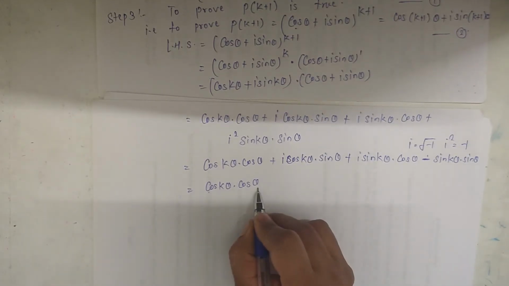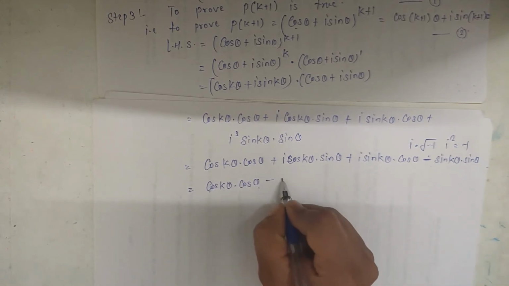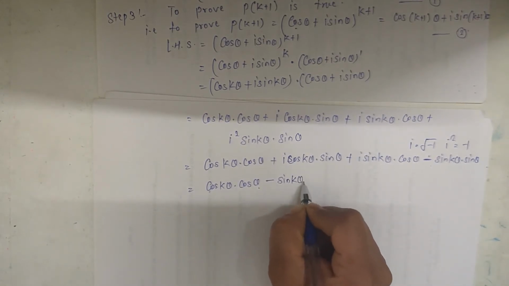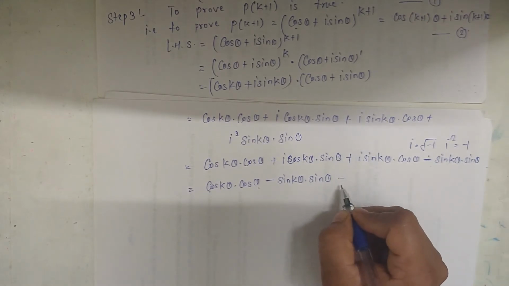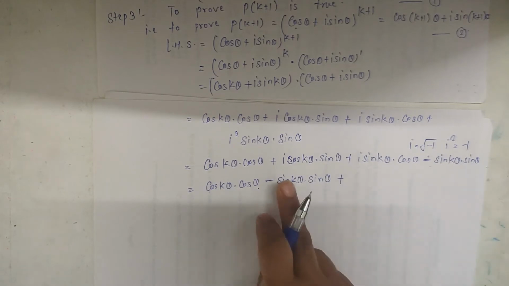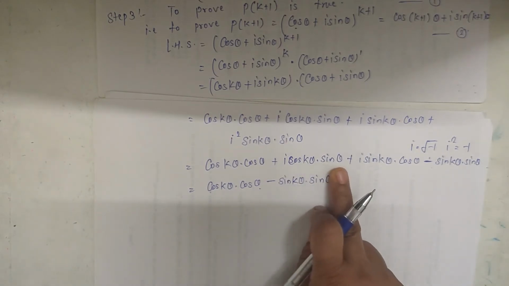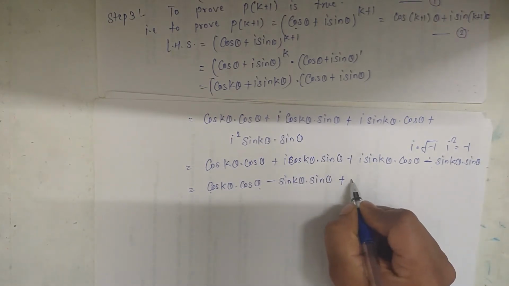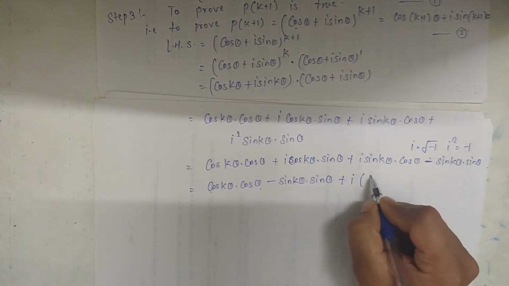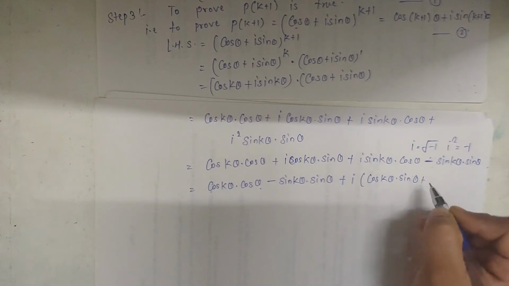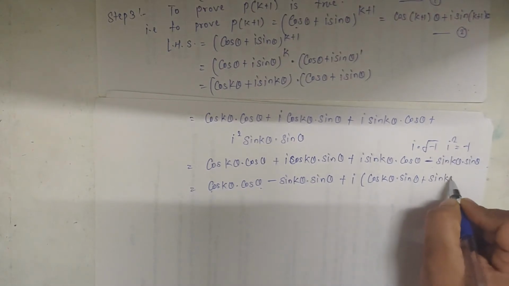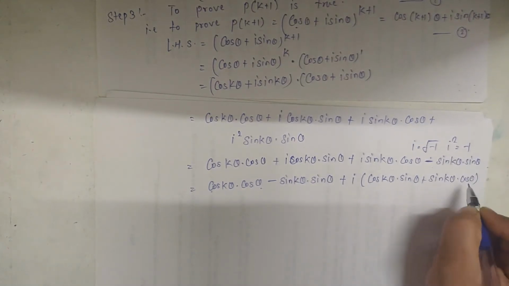By rearranging these terms, cos k theta into cos theta minus sin k theta into sin theta, plus i, taking i as common, we get cos k theta into sin theta plus sin k theta into cos theta.